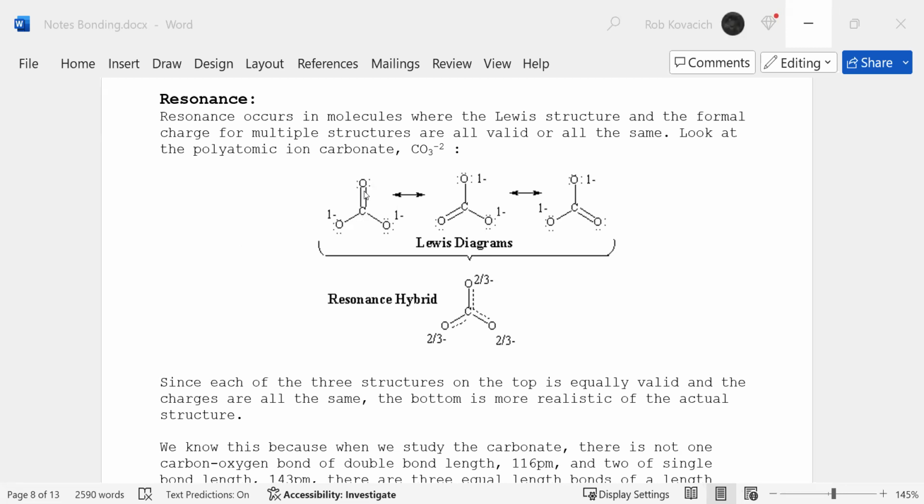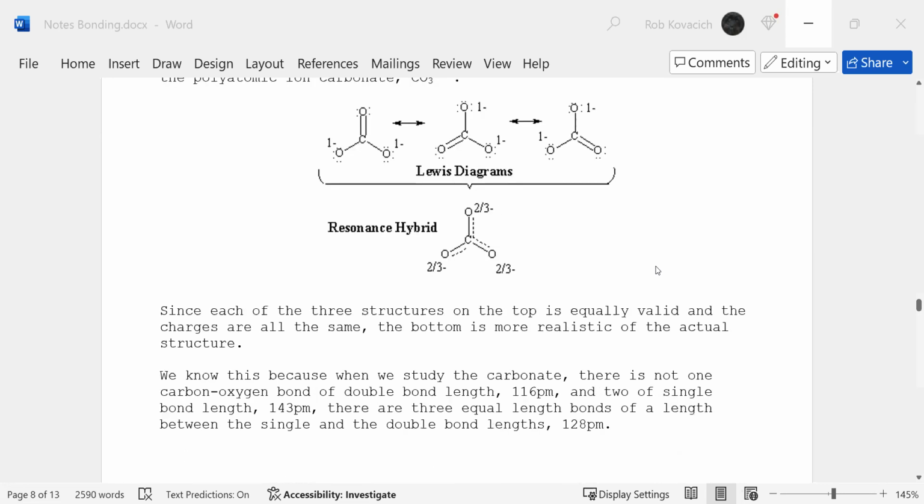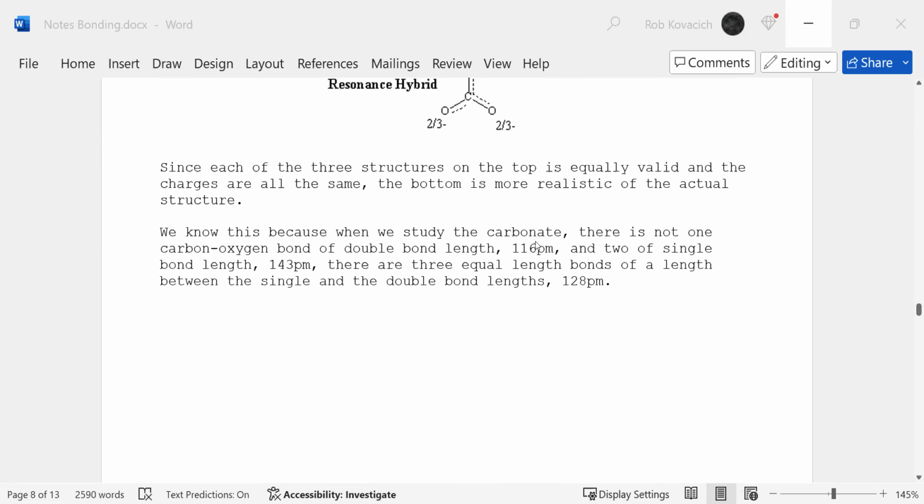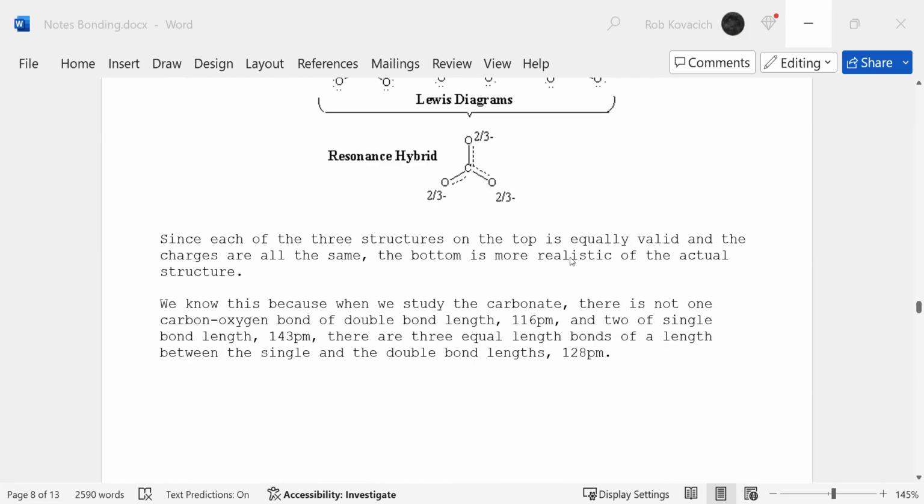Instead of seeing a short double bond and 2 longer single bonds, you see this structure where all these bonds between the carbons and the oxygens are not as short as a double bond and not as long as a single bond. So they're like a bond and a half. The bond length for a double bond is 116. The bond length for a single bond is 143. And what we actually see is bond lengths of 128 for all of the bonds. So we know that the resonance structure exists.